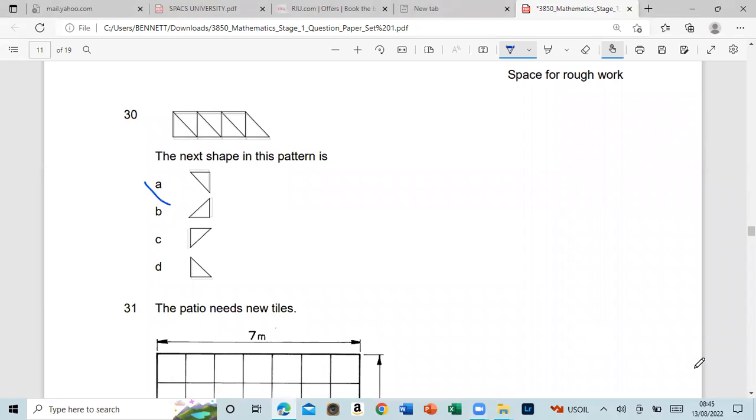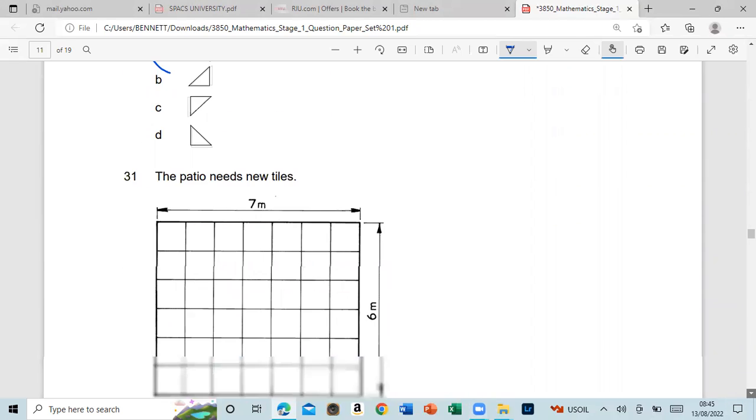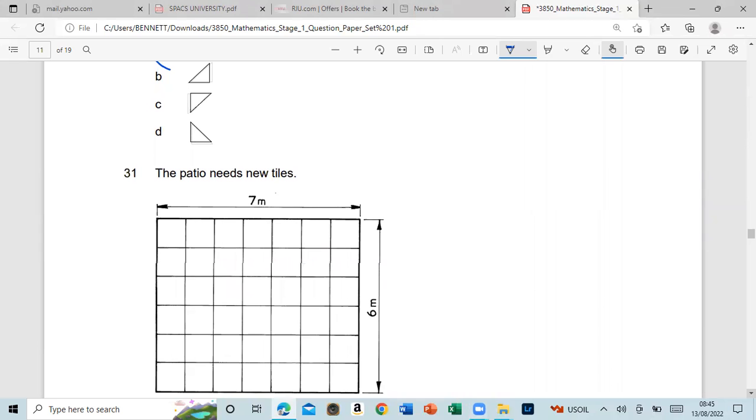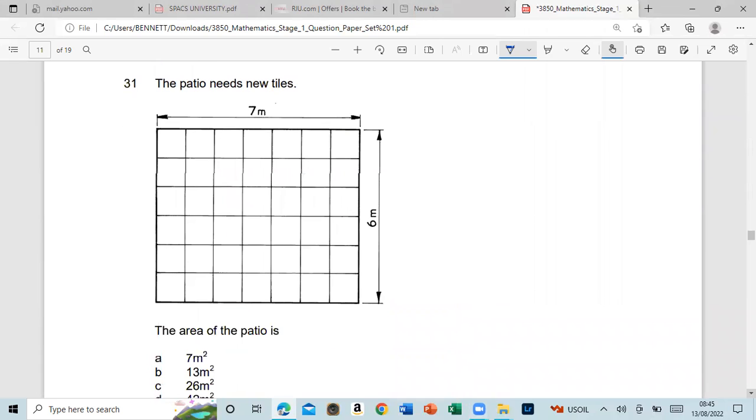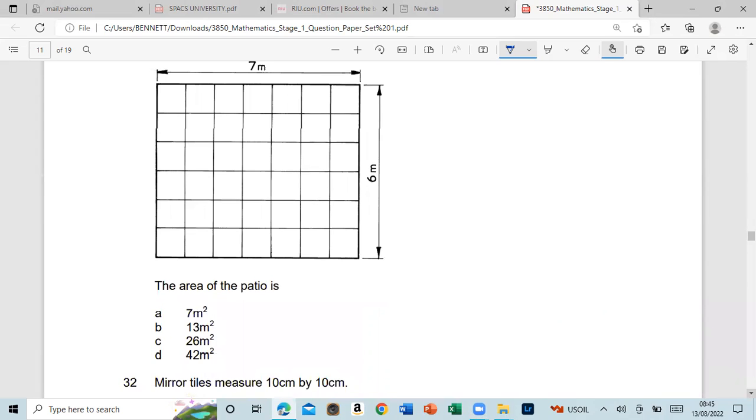All right, 31. So they said the patio needs new tiles. The area of the patio is, what will be the area? 42 square meters. Yeah.